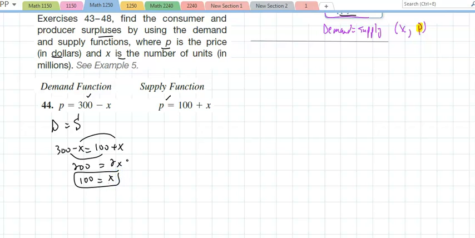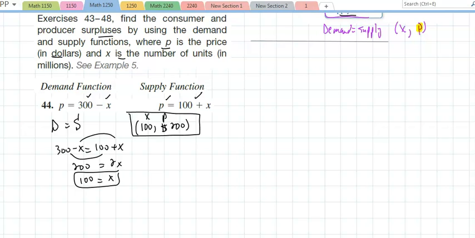I just figured out that the equilibrium happens when I produce 100 units. What would be the price? Whether you use this or this, it makes no difference. The price would be $200. So the equilibrium happens at $200.